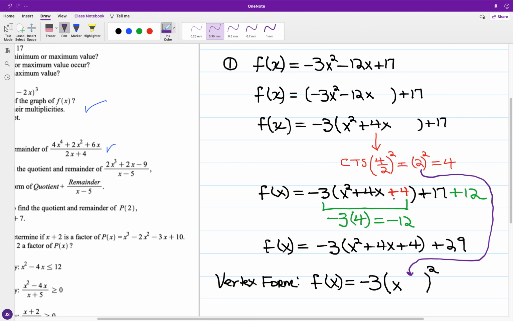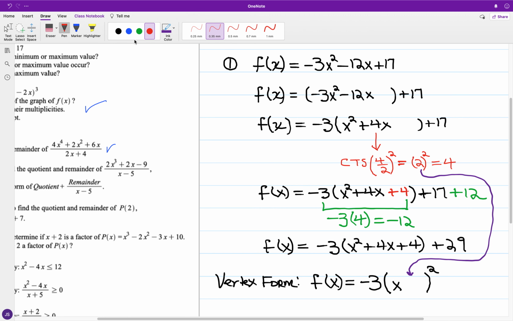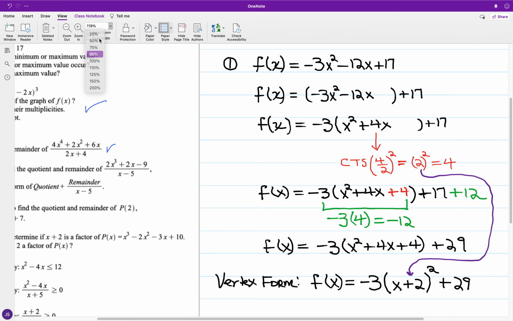Okay, so the vertex form, we're going to have f of x equal to negative 3 times the quantity of x plus 2 squared, followed by the addition of 29.